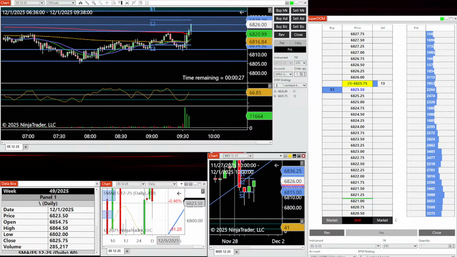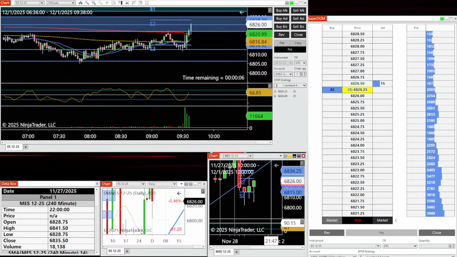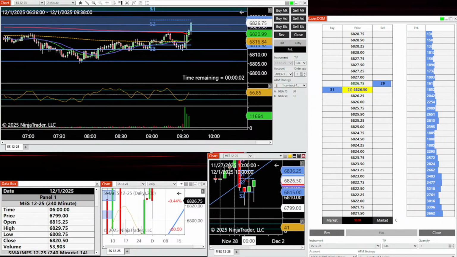We had that 25 area. Can come back to test this 29, 30.